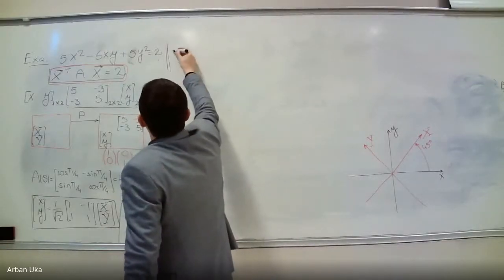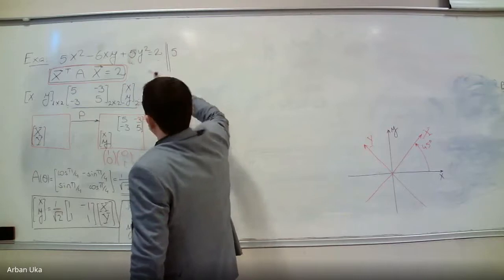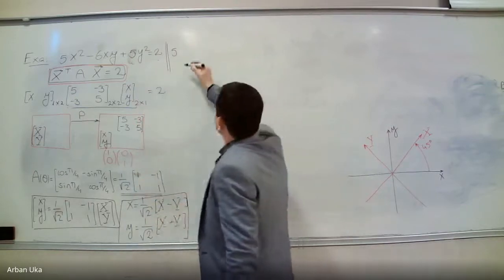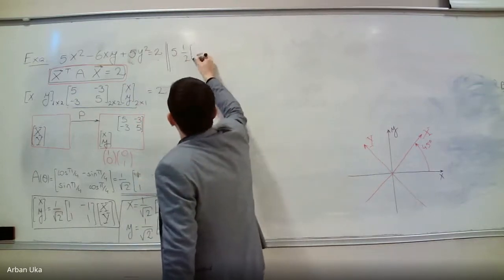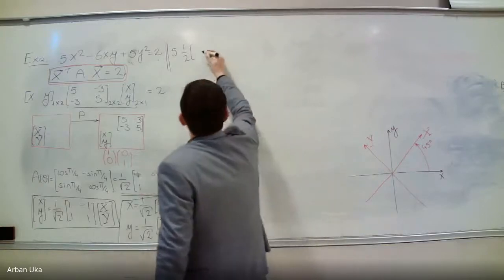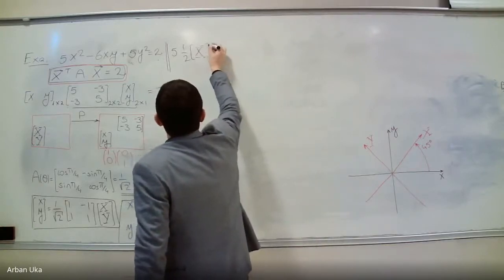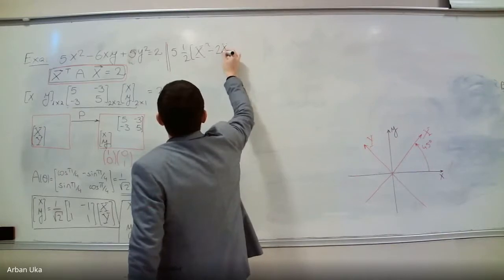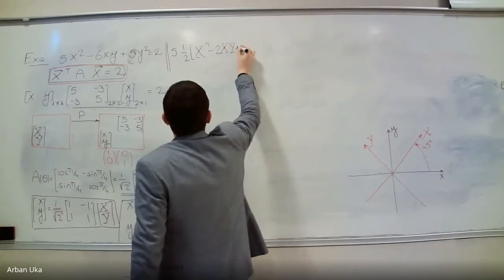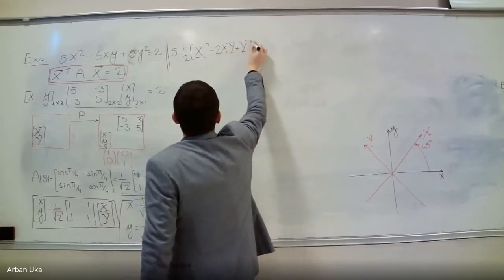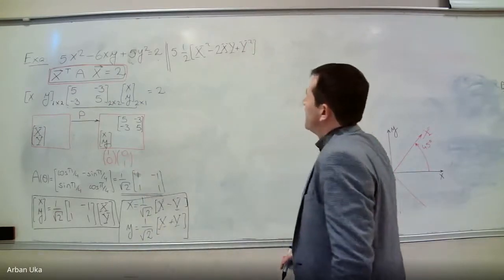And this would make something like this. We have 5 times x squared, which is equal to 1 over 2 times (X minus Y) squared. So here we get X squared minus 2XY plus Y squared, minus 6xy.